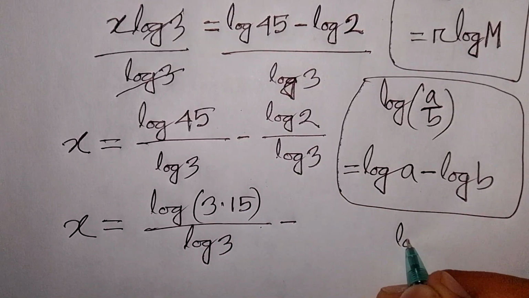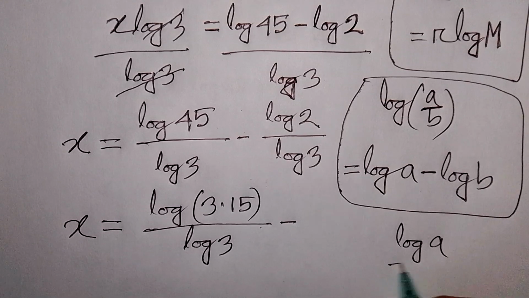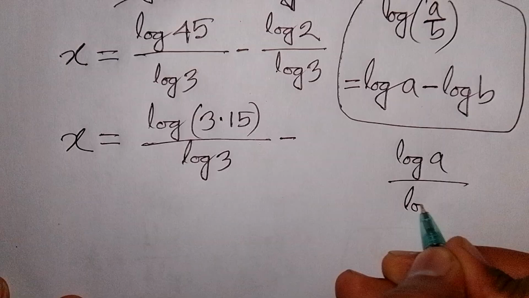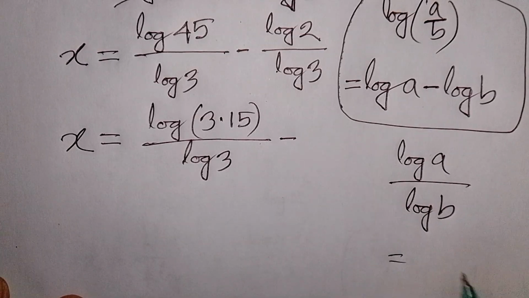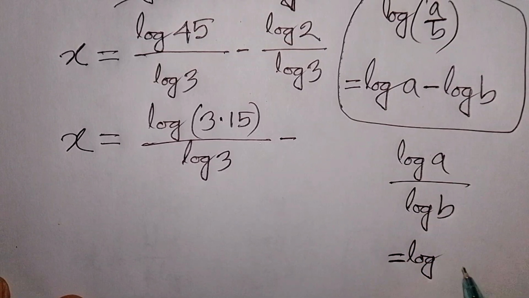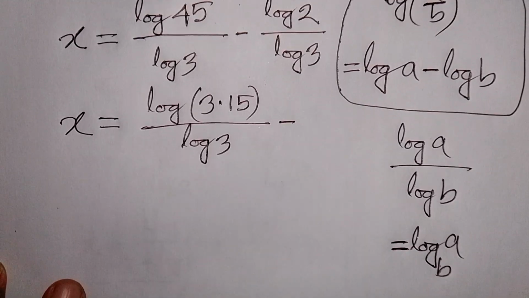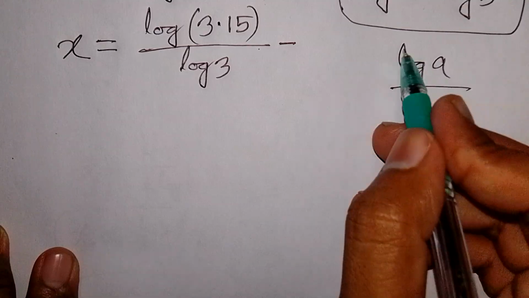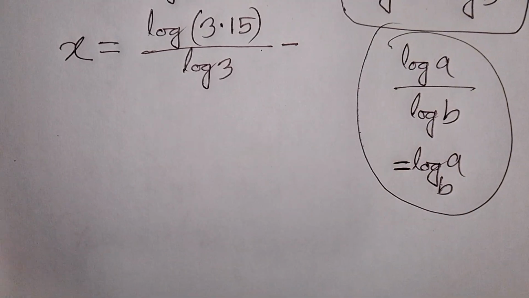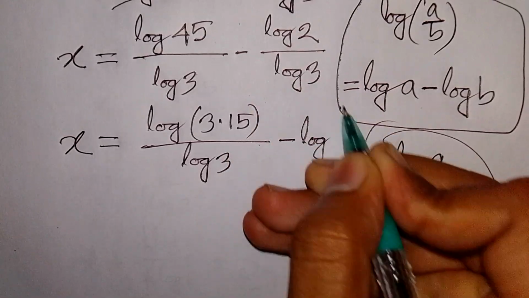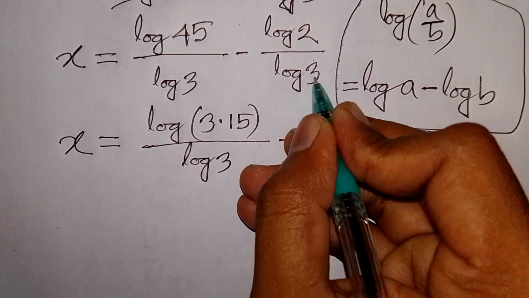So I apply this rule: log a divided by log b is equal to log a base b. So according to this formula, log 2 divided by log 3 will be log 2 base 3.